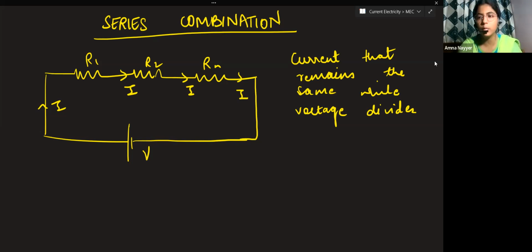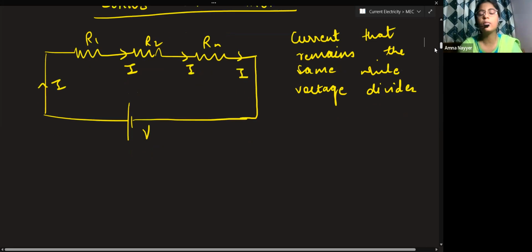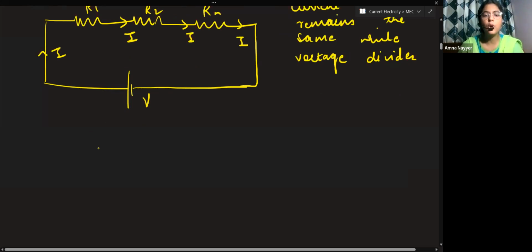Let's take R equivalent. Here voltages will be different. If I want to know the sum of all the voltages, it will be V1 plus V2 up till Vn, as n number of resistors are connected. V is equal to IR according to Ohm's law.